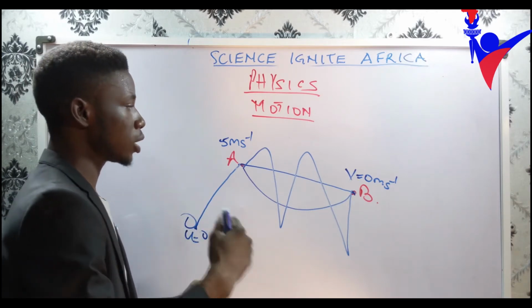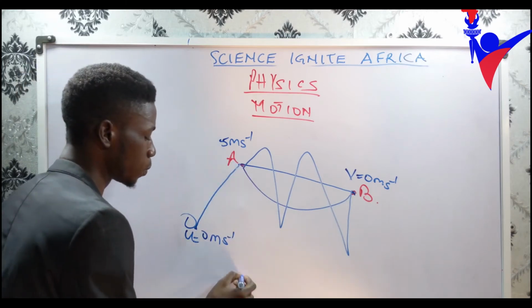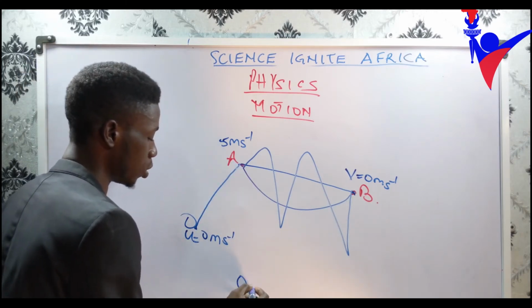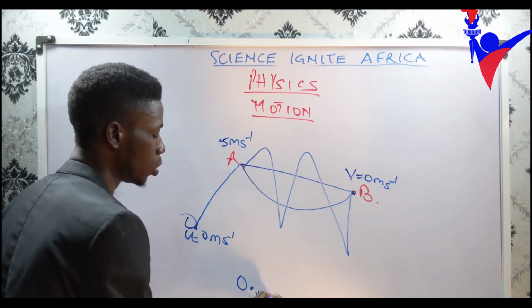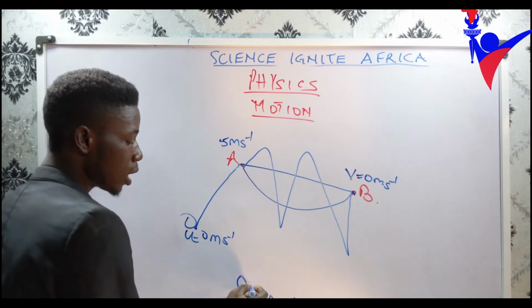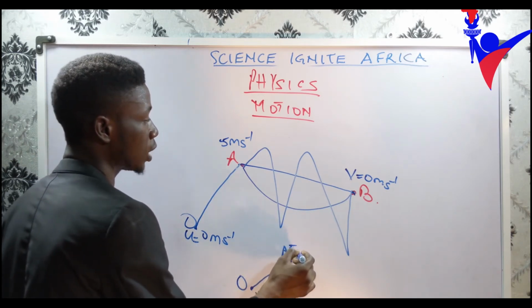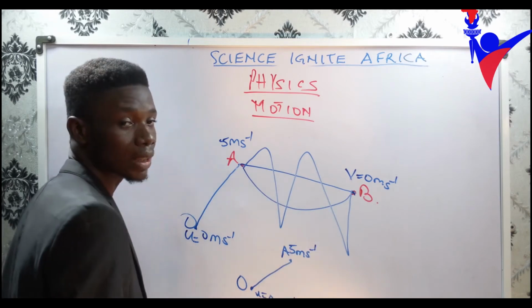And let me quickly say more about this. Let's say for instance, as I was moving from point O, my U is still 0 meters per second. Let's say I move to point A, and my velocity is still 5 meters per second.